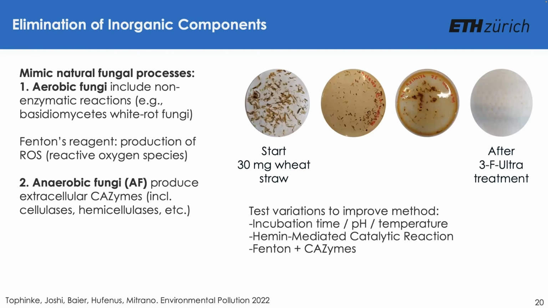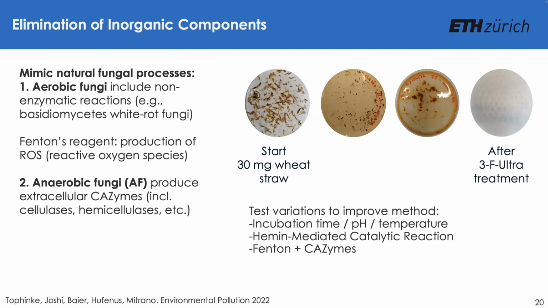So from the start, we started with 30 milligrams of straw, and after the entire treatment, we could see that there was no straw left that was in our sample. And so we would also expect this to be the case when we have microplastics inside, so we would be able to identify them easier.